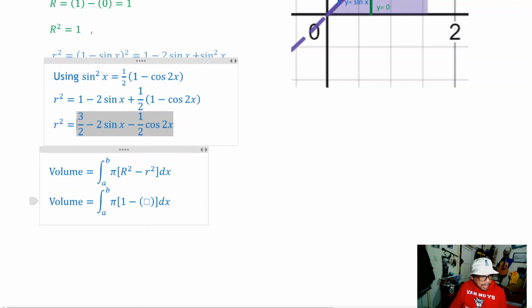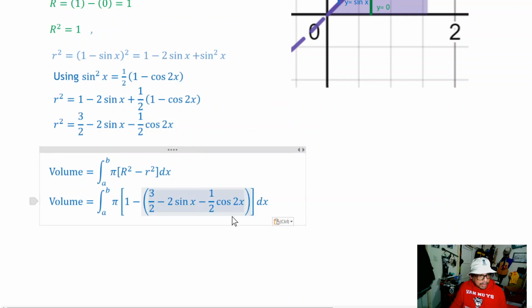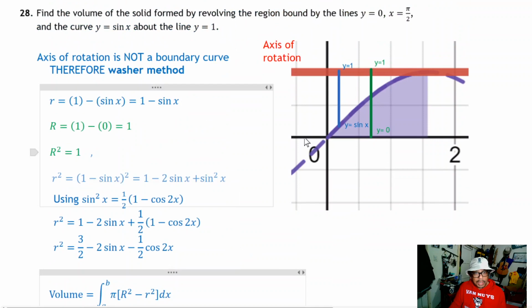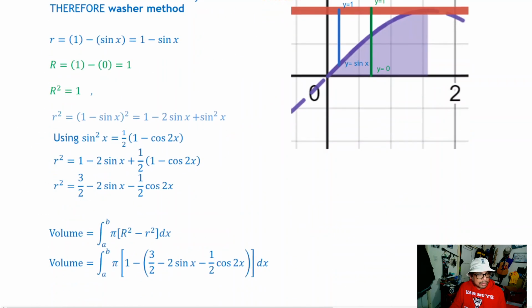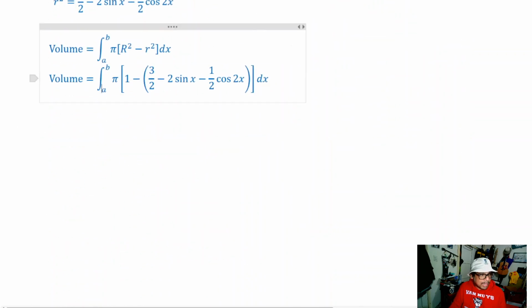That's 3/2. That's my little radius squared. The lower limit here is going to be at x equals 0, and the upper limit is going to be at x equals pi halves. We're going to go from 0 to pi halves.